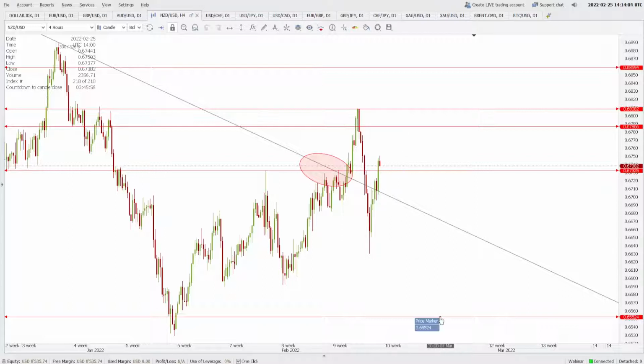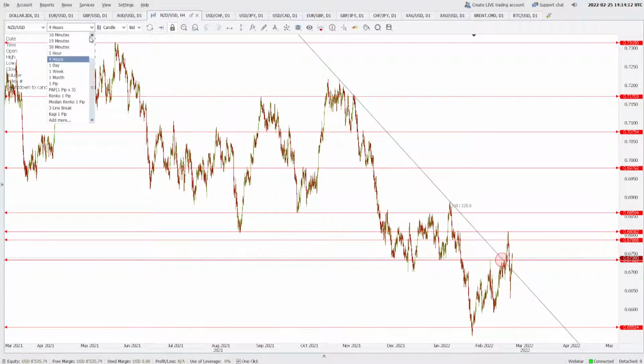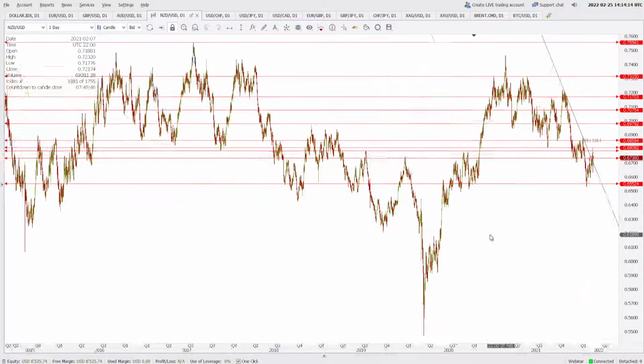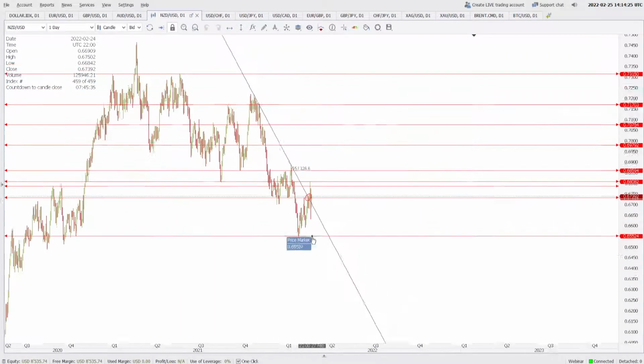After that we have a sufficiently high support at 0.6552 near the yearly lows, I think. Not yearly lows, yeah, yearly low, because the last low which was lower than this 0.6552 was in the year 2021.